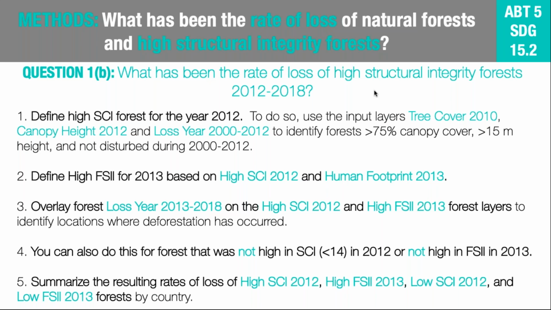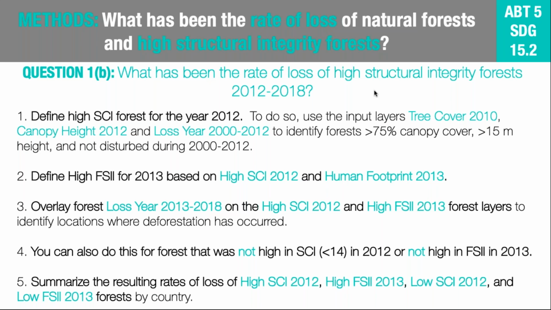With that layer now, we can then subtract the places that have been lost during 2013 to 2018, and then summarize loss rates over that period of time for places that are of these various forest classes: high SCI, high FSII, low SCI, low FSII, by country.